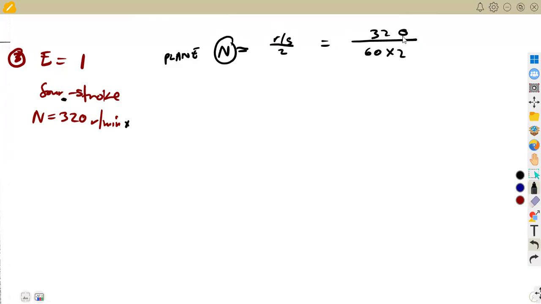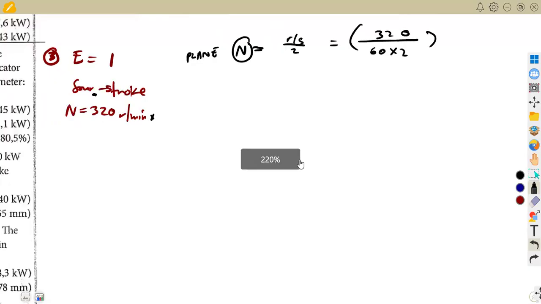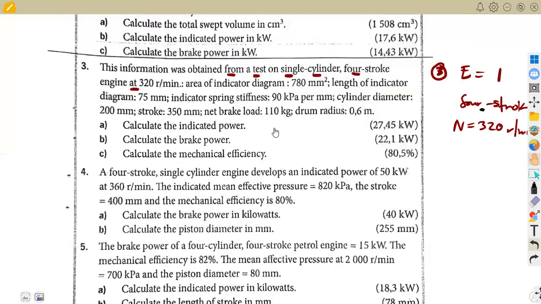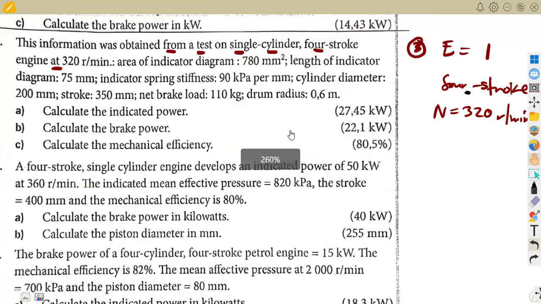This one is going to be a decimal, so just leave it like that. Use it when we are using the Plan formula. But in any other calculation where this is not needed, you use N as it is, directly. But when you are using the Plan formula, you are forced to use that.